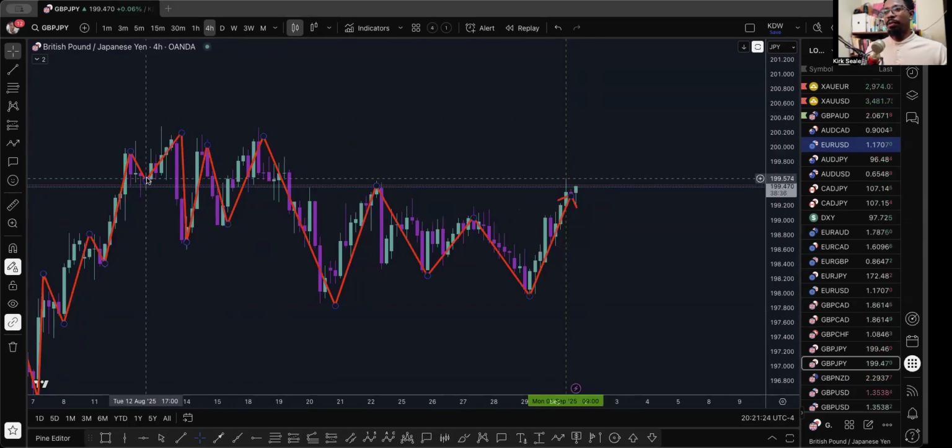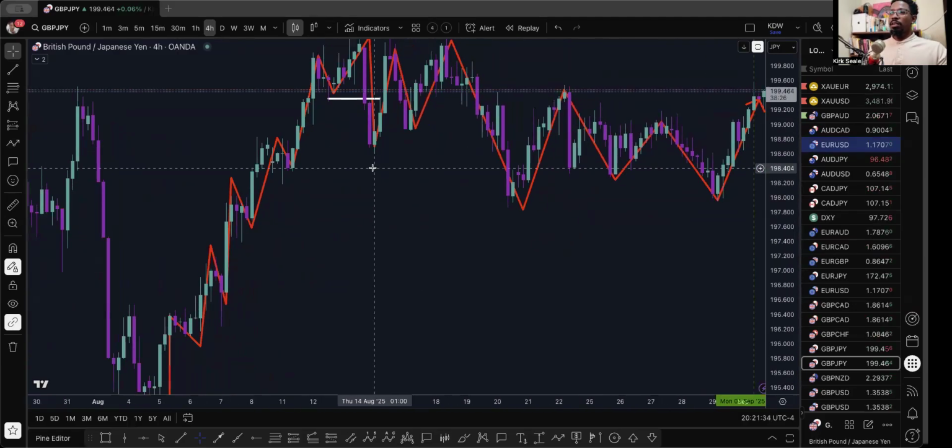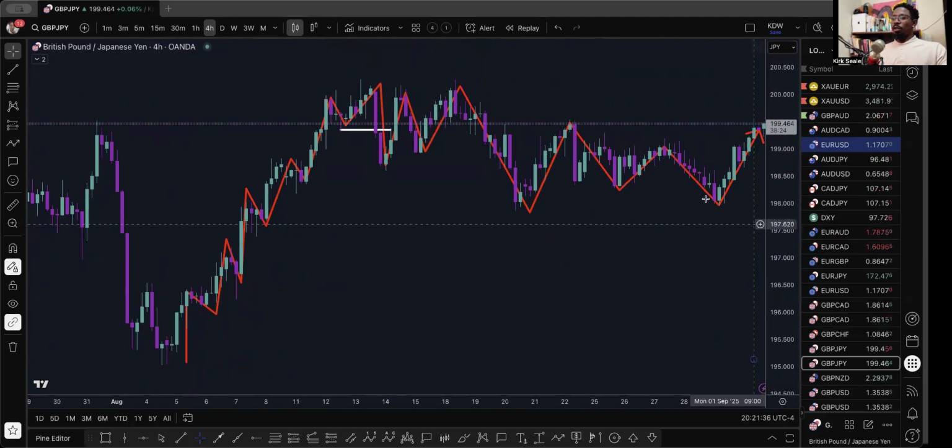And then what happened? This looks like a low, right? Did we break that low? Yes, we did. But was that an overall low or internal low? I'm not sure.